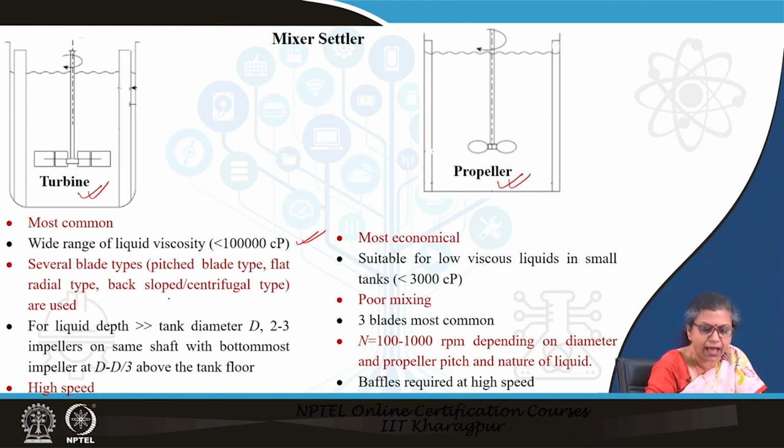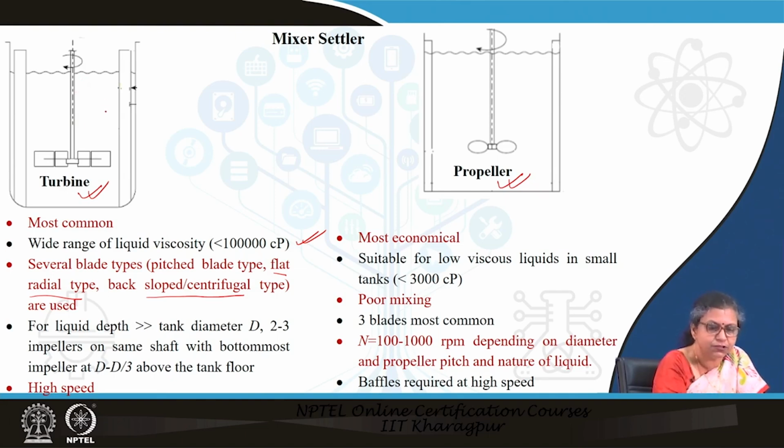We can also have a back sloped or a centrifugal type which is good for handling difficult dispersions, and we can also have a flat radial type, which is the case in this particular case, where the blades are connected to a disc. And when we have a very large depth, then instead of one turbine we can have a number of multiple turbines.